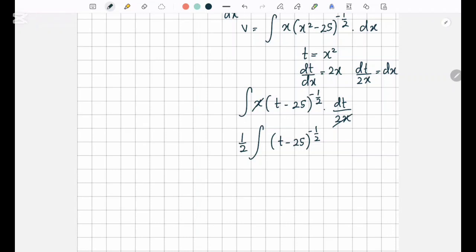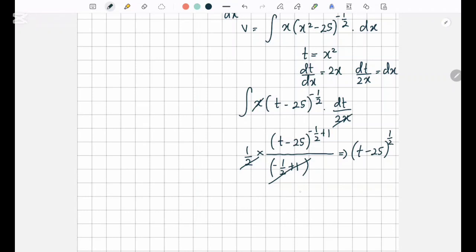And when integrating that, all you have to do is just add 1 to the power and divide it by the power, and then you multiply it with half. So you can see these two will cancel off, and you end up with t minus 25 to the power half.